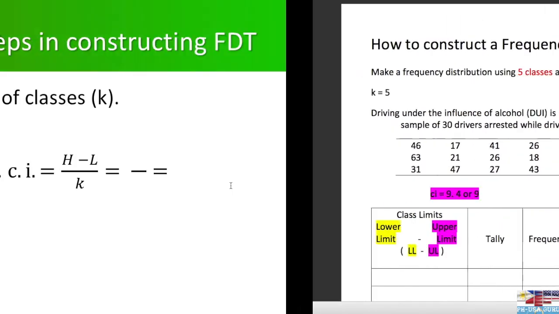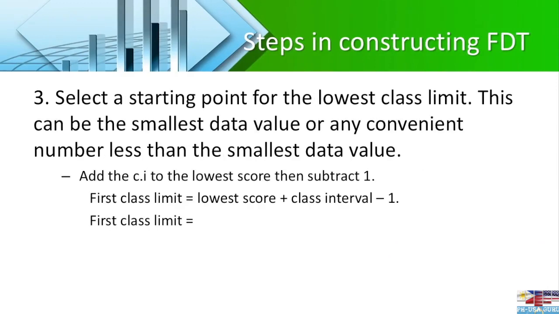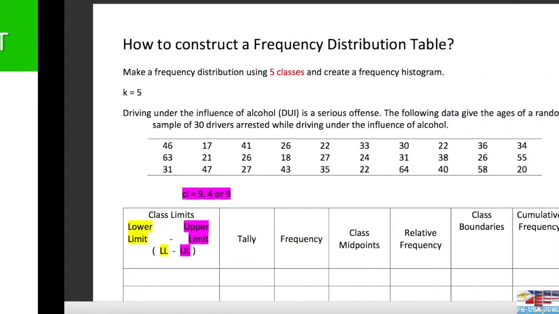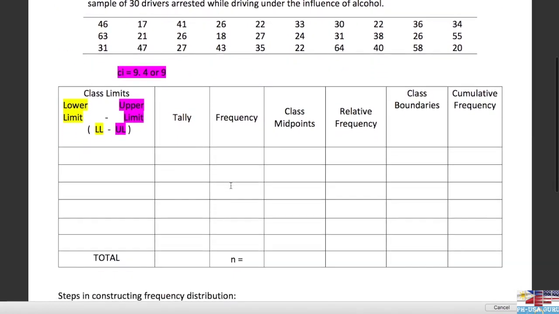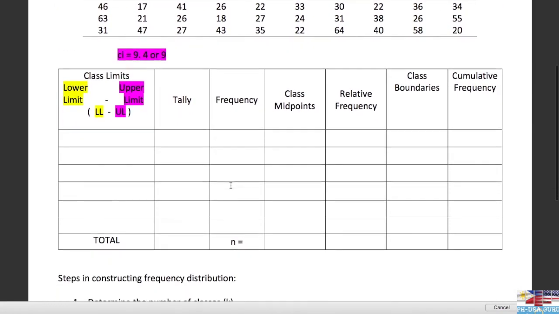Okay, so let's go to the next step. It says there, select a starting point for the lower class limit. This can be the smallest data value or any convenient number less than the smallest value. So, this is our table. The first column is class limits, and it consists of lower limit and the upper limit.